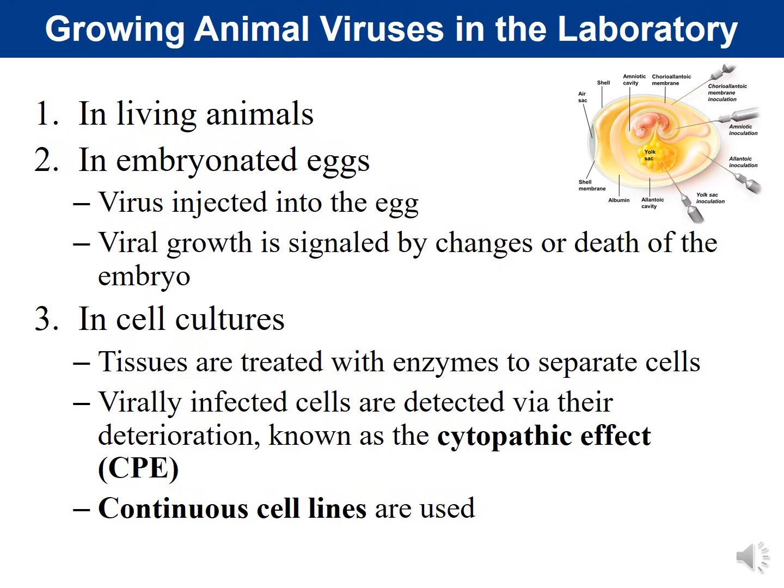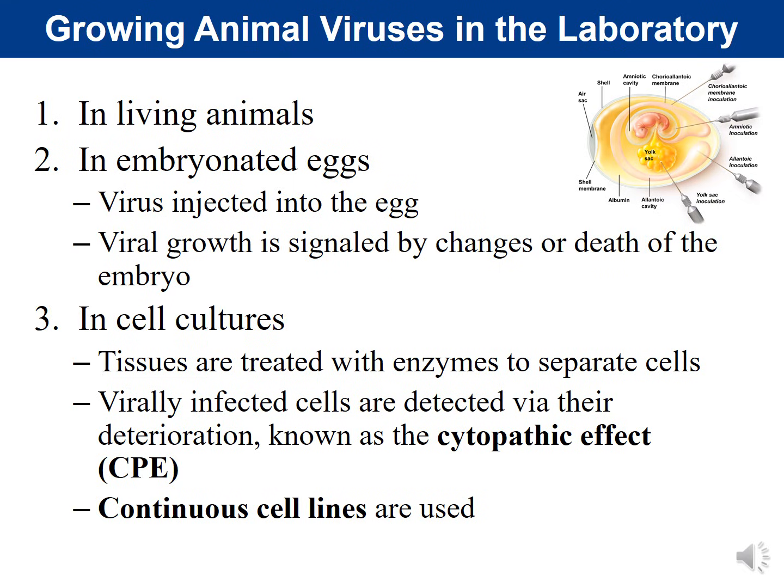Lastly, we have what's called cell culture, meaning to grow certain cell types in a dish. During this, these specific cell types are treated with enzymes that allow them to separate, meaning that we get isolated individual cells.